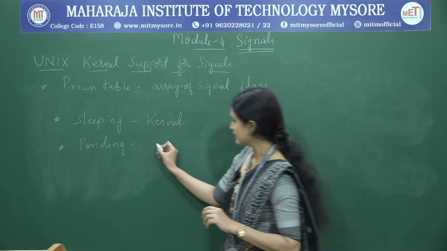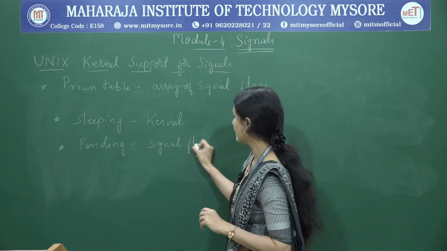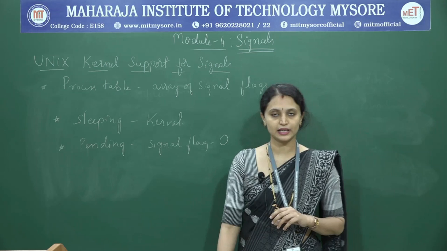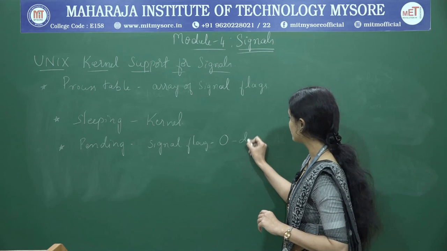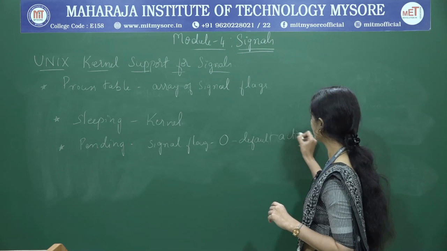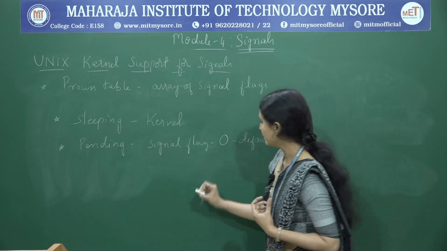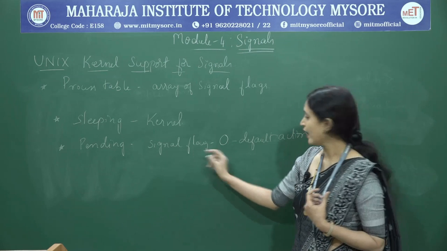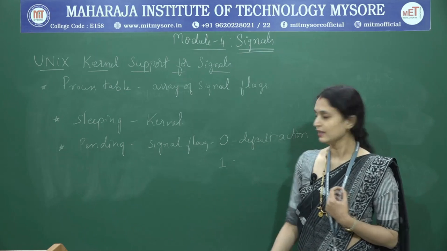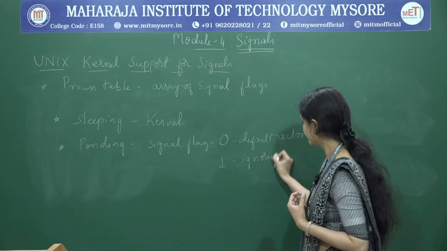If the signal flag has the value 0, in that case the default action will be performed. Suppose that signal flag has the value 1, in that case that particular signal will be ignored.